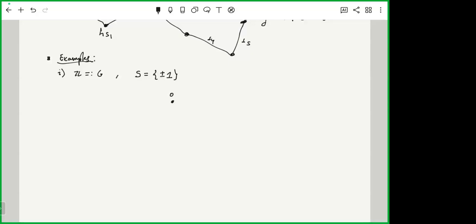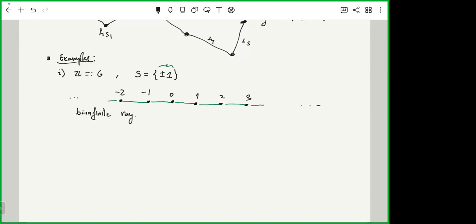Again, the vertices of the graph are the elements of the group, and two elements are joined by an edge if I can go from one to the other just by multiplying with some generator. In this sense, these are the generators, so I can only join adjacent integer numbers, consecutive numbers. So you can see this graph here is a bi-infinite ray.